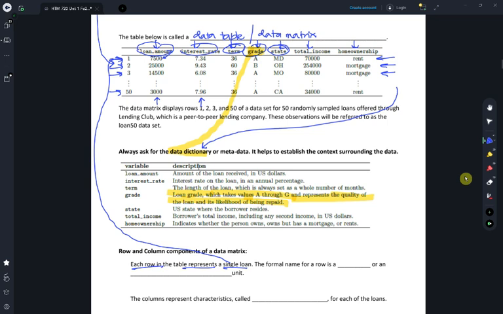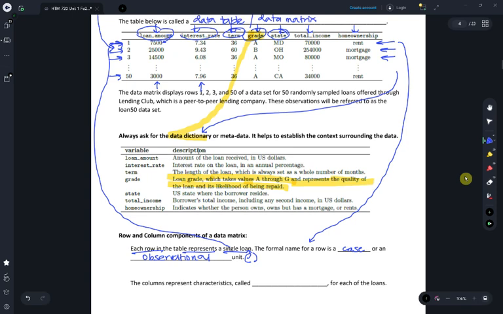The formal name for the rows of a data set is a case or an observational unit. So each loan in this case is an observational unit. Each loan was observed, and each row contains the profile of that loan. As far as the columns are concerned, the columns represent the characteristics of each loan.